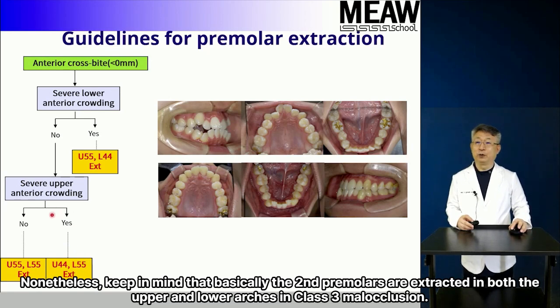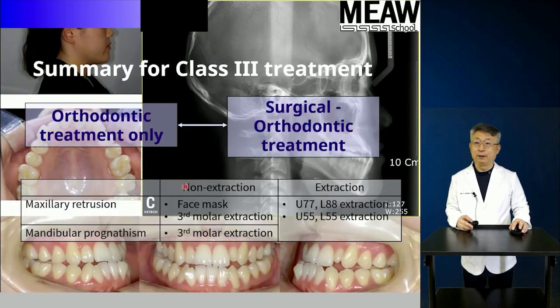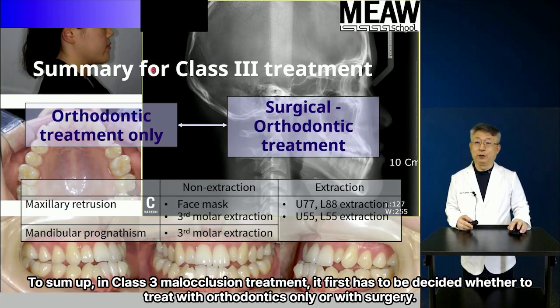Nonetheless, keep in mind that basically the second premolars are extracted in both the upper and lower arches in class 3 malocclusion. To sum up, in class 3 malocclusion treatment, it first has to be decided whether to treat with orthodontics only or with surgery.